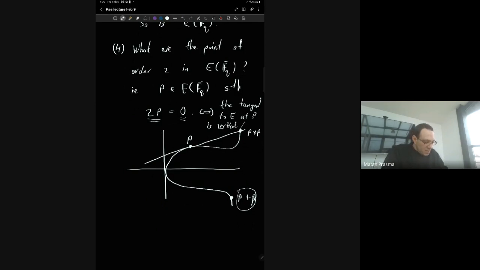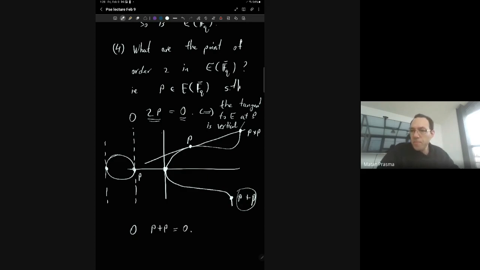And these are precisely the points here, and potentially if I had another circle, then these two points are also with a vertical tangent line. If you take P here, then the tangent line intersects only the point at infinity. You reflect, you still get the point at infinity. You get that P plus P is equal to 0.